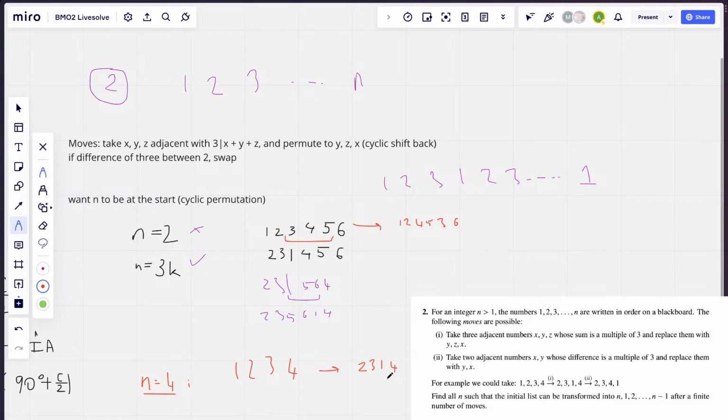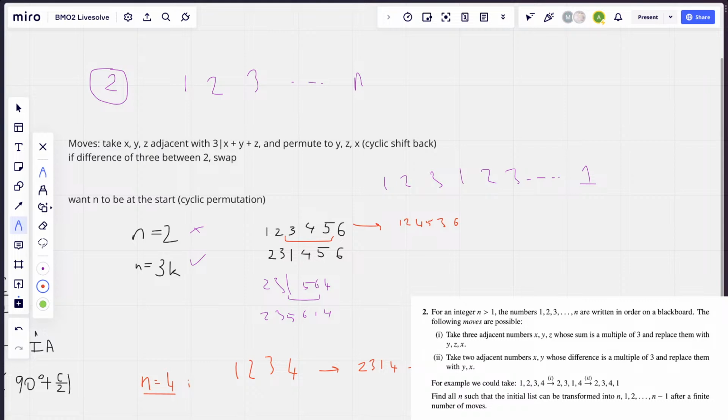Then we have no moves, do we? Oh well, we can do this one again. We can shift things multiple times, right? That's our only move, so we get 3, 1, 2, 4.